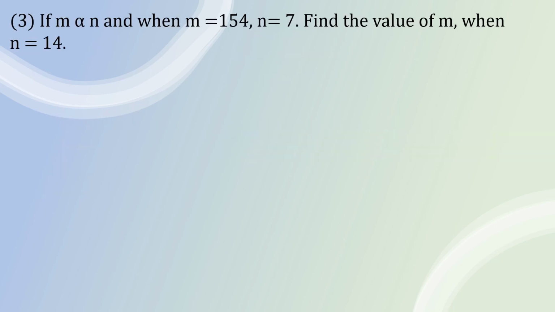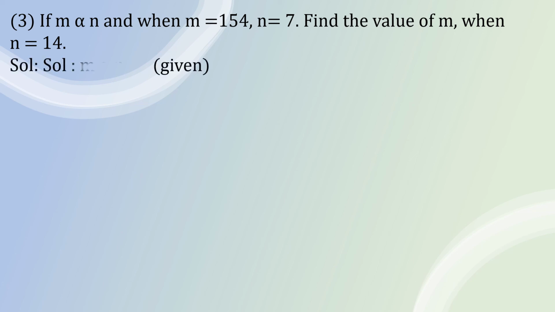Moving to the third one. If m varies directly as n, and when m equals 154 and n value is 7, find the value of m when n equals 14. Now students, we'll first find out the constant, and then we'll write down the equation of variation.